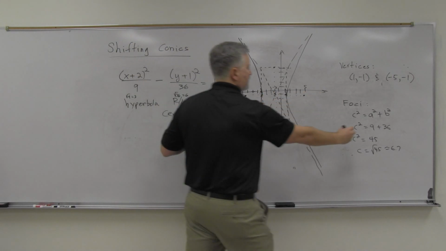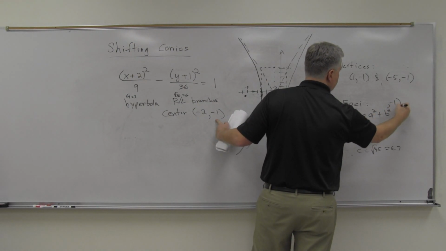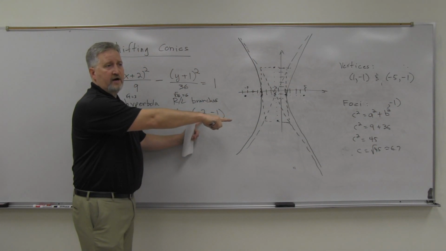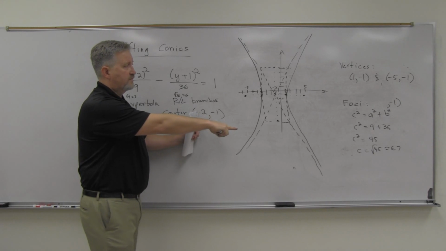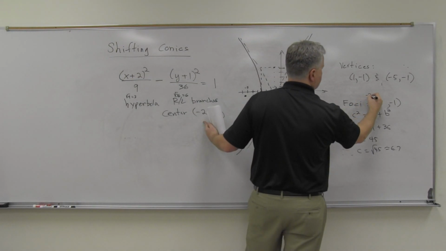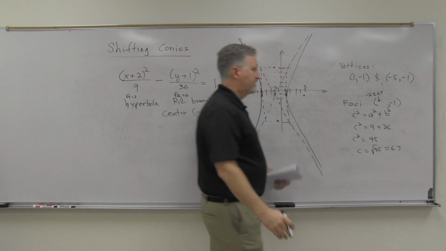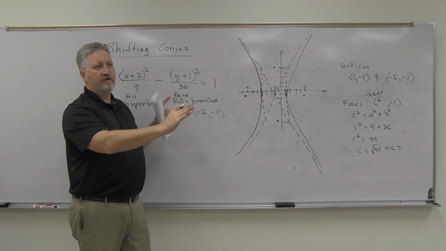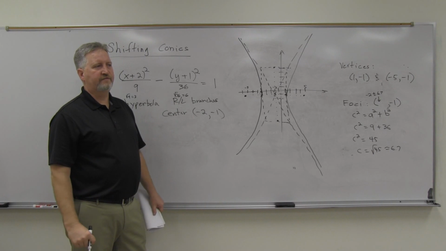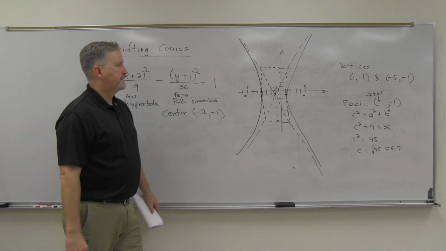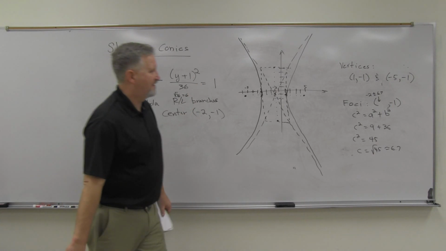The y value of both of those, both sides, is obviously -1. And to the -2, you just add and subtract the 6.7 for the foci. So whichever way you go out, you add or subtract to get the x value. Or you can look at the graph and figure it out that way too.